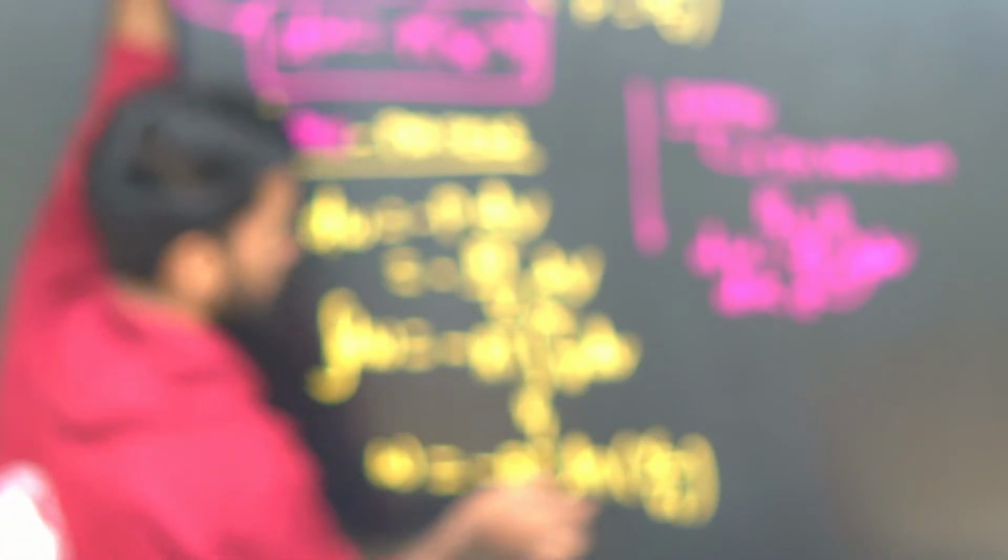Since it is expansion from initial volume V1 to final volume V2, W gives minus RT ln V2 by V1. This will be the formula for work done in isothermal reversible expansion or reversible compression. You can use this for work done calculations. Instead of ln you can substitute 2.303 RT log V2 by V1.